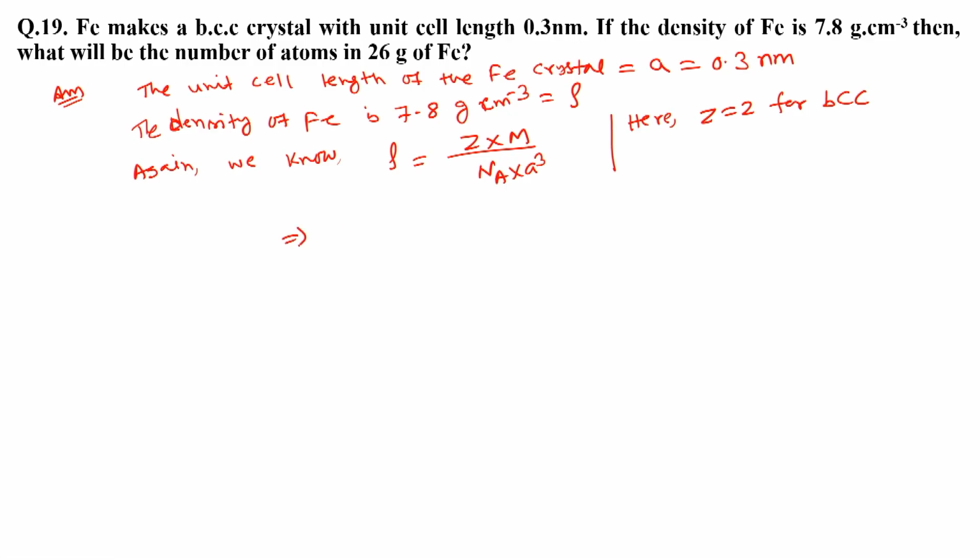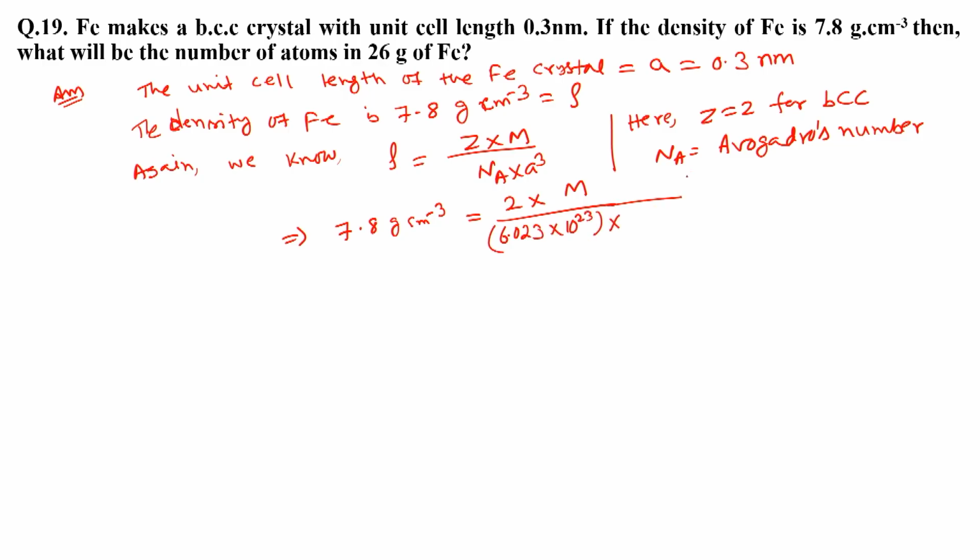Okay, so now we substitute the values. So 7.8 grams centimeter raised to the minus 3 is 2 times m, and Na is the Avogadro's number, which is 6.023 times 10 to the 23, and the value of A is also given, 0.3 nanometer.